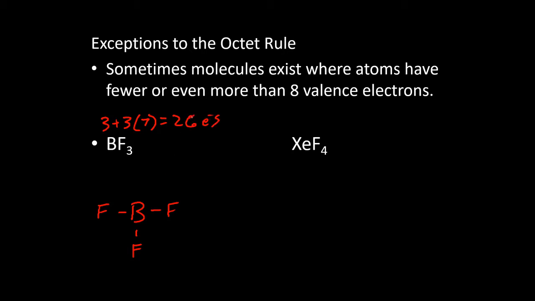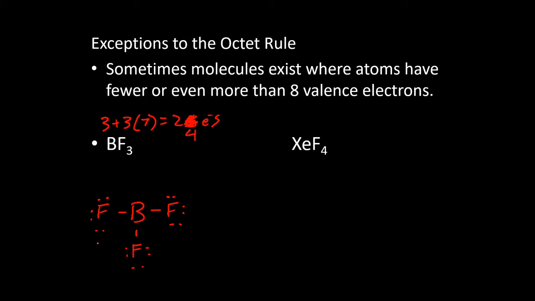Or sorry, 24, not 26. 24 electrons total. If we look at our skeletal structure, we have 6 already in the single bonds. So then we have 8, 10, 12, 14, 16, 18, 20, 22, 24.